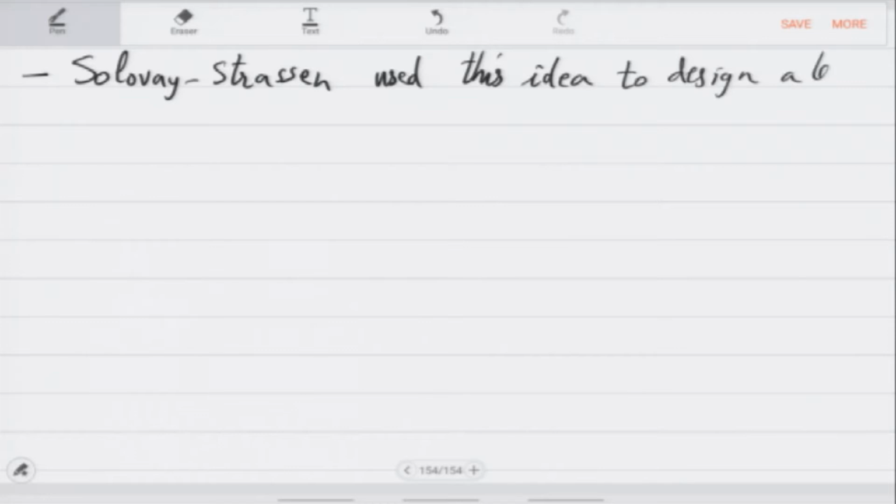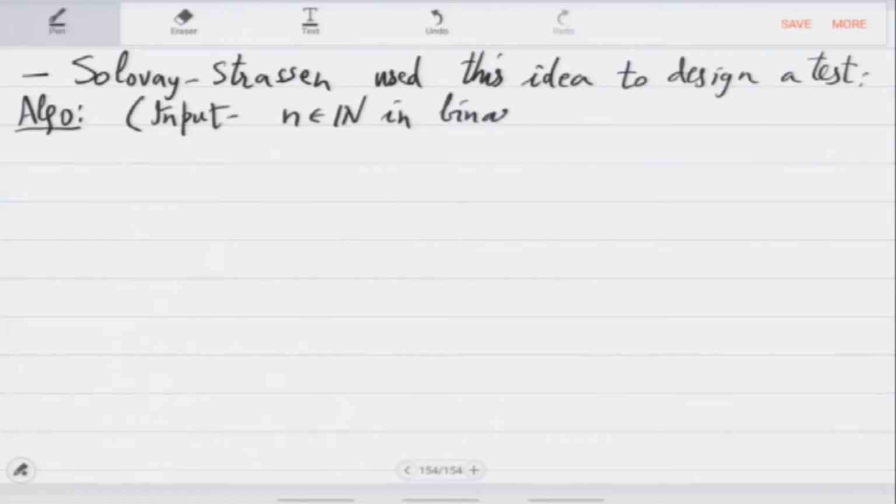To design a test, again the input is just a number given in binary, and you want to give a Boolean output, 0 or 1, false or true, whether n is composite or n is prime.